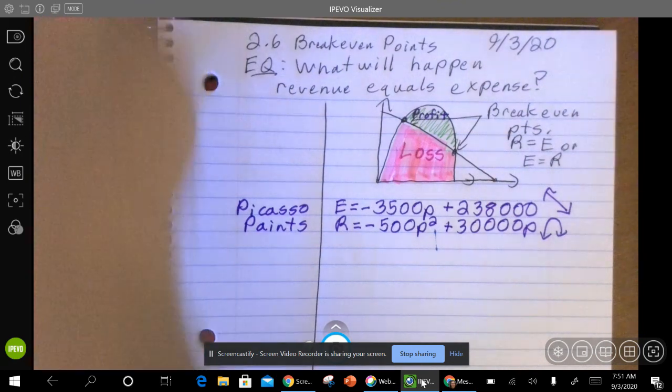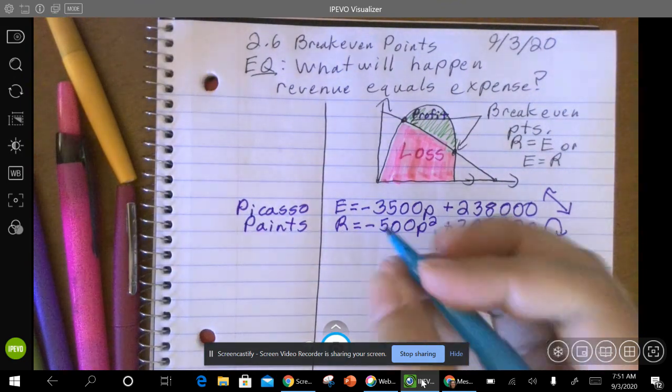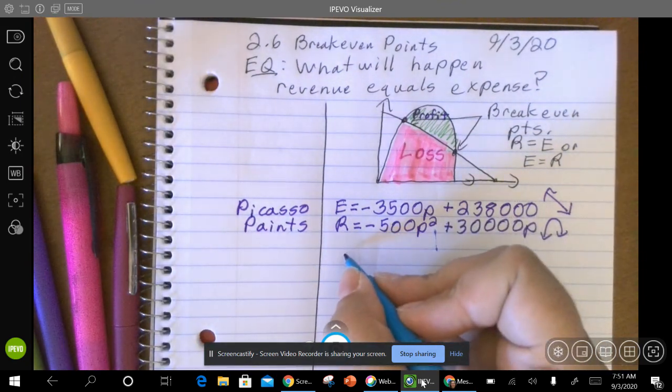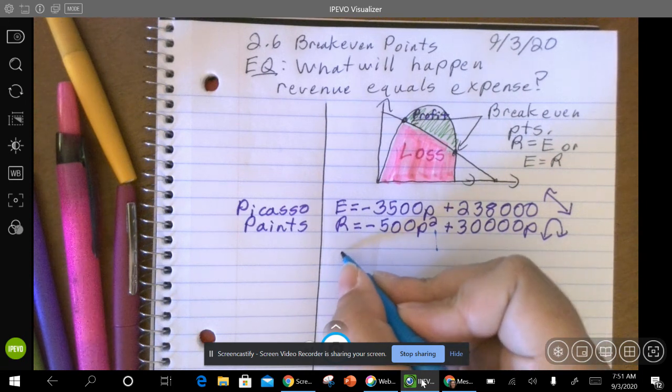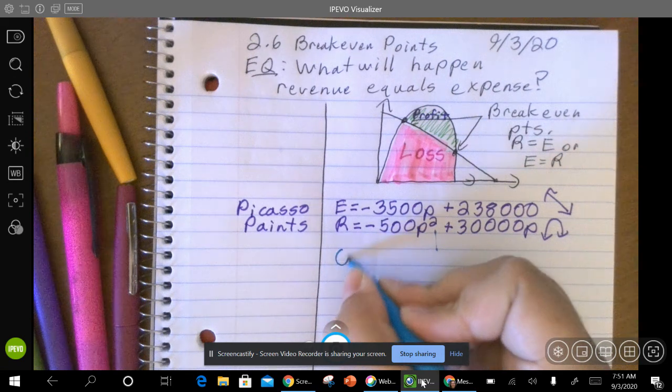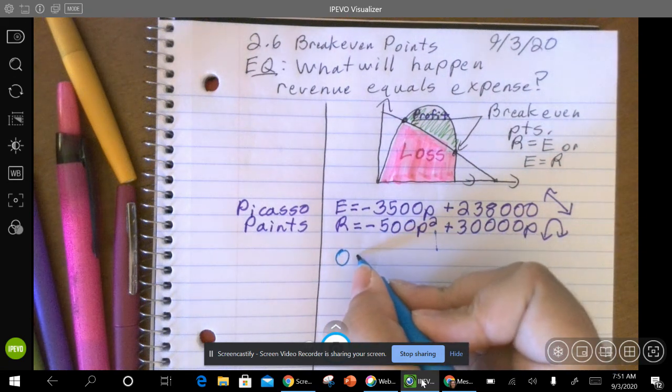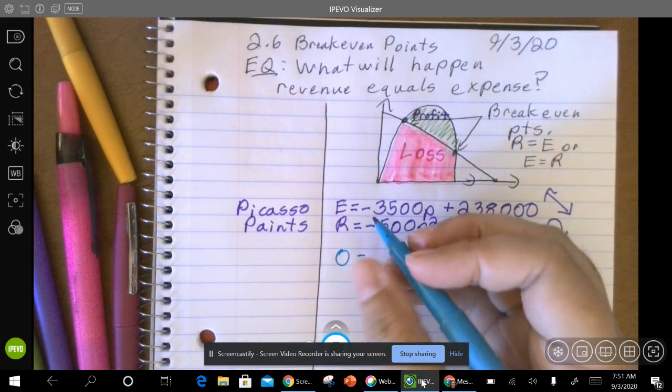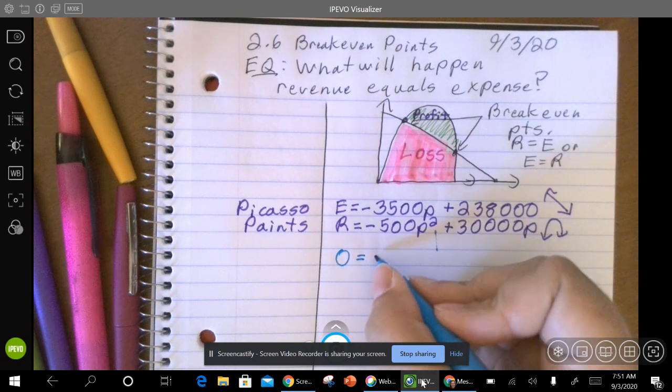okay, so our steps for this. We're going to set our expense equation equal to 0. So we're going to find our x maximum, which is our x-intercept.